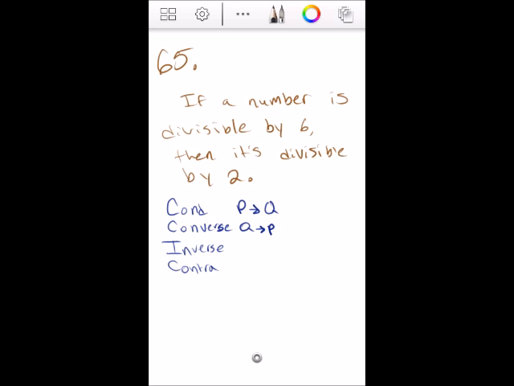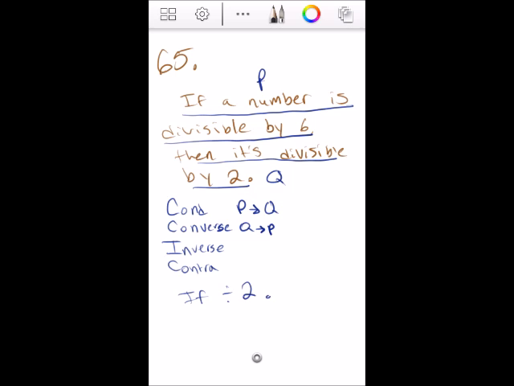And we know that this one starts off as P then Q, and our converse is Q then P. Well, we're already where we need because we're just trying to figure out what the converse is. So P, the original conditional statement, was if a number is divisible by 6. And the Q was, then it's divisible by 2. So now we're just going to flip it. So now we're just going to make if divisible by 2 first.